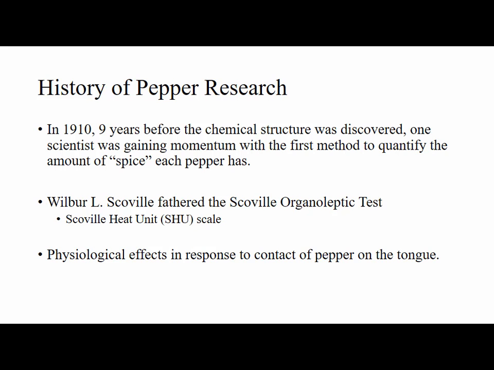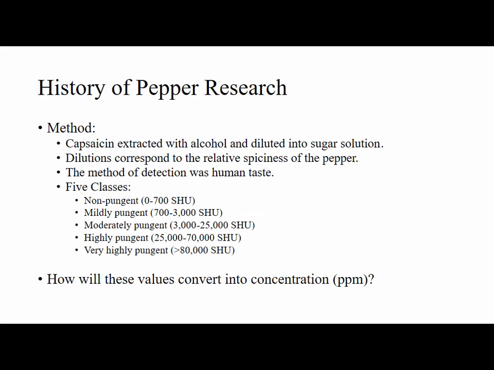In 1910, this was 9 years before we even knew what the structure of capsaicin was, one scientist was actually gaining momentum in the field of quantifying spice from chili peppers. His name was Wilbur Scoville, and he followed the Scoville organoleptic test. We also know this as the Scoville heat unit scale. This scale measures the psychological effects in response to contact of pepper on the human tongue.